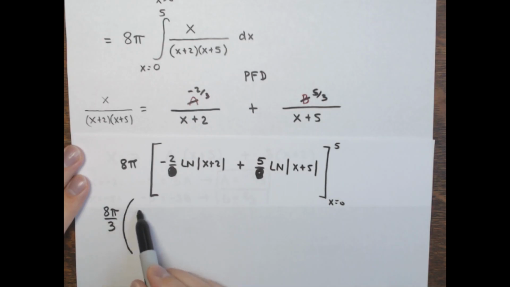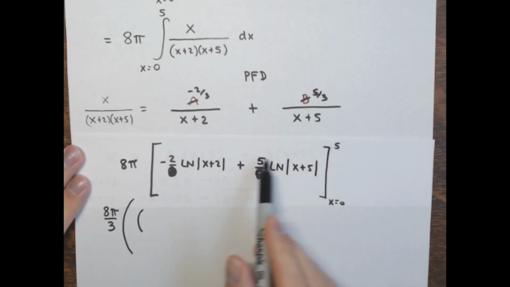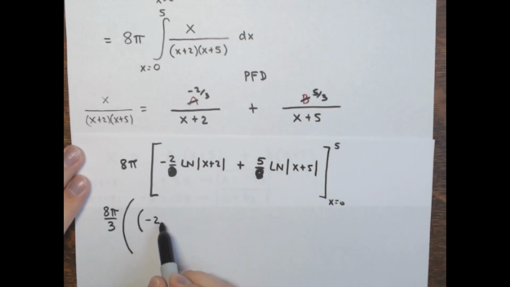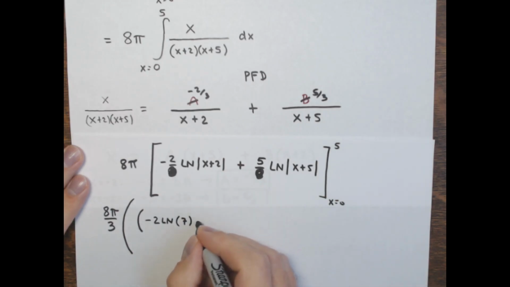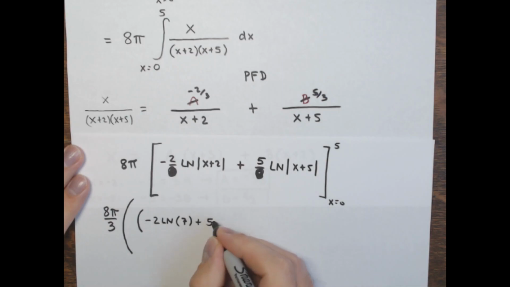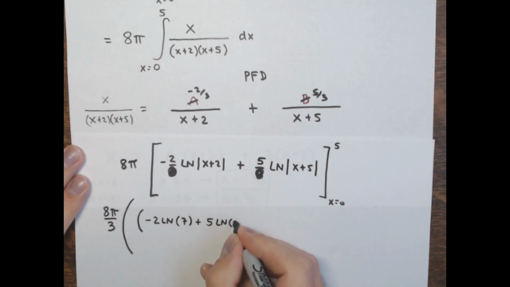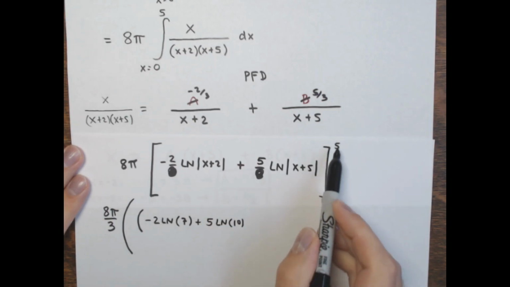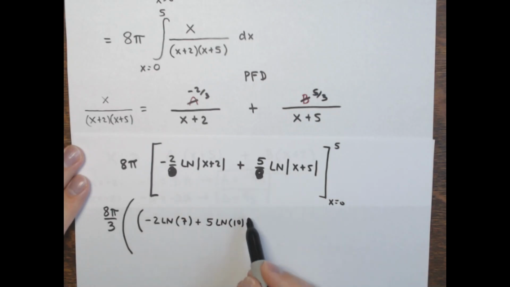So 8 pi over 3 times, and then the value of this thing at 5: -2 times the natural log of 7, plus 5 times the natural log of 10, when I plug in 5 here and here.